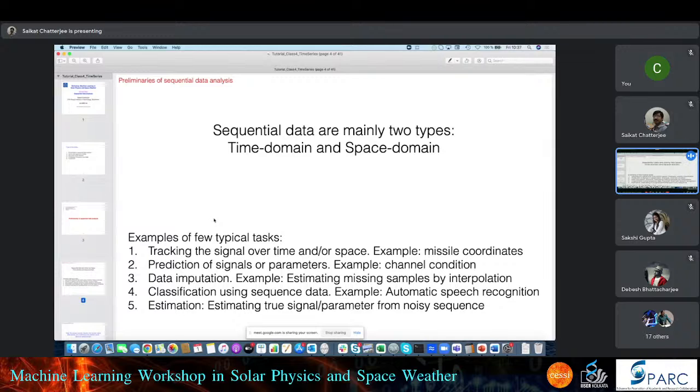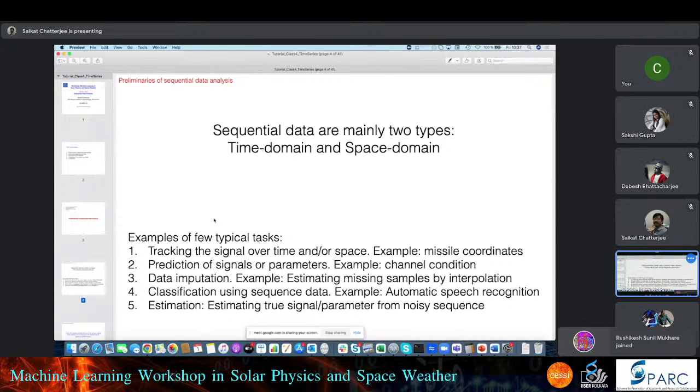Then the third one, let's say data imputation. For example, let's say that I have an image, and within this image some pixels are off. That means the sensors somehow could not collect or measure those pixels. So you would like to impute those pixels.